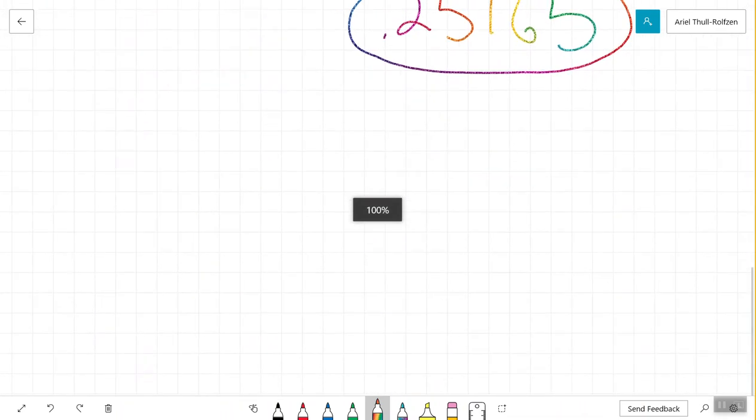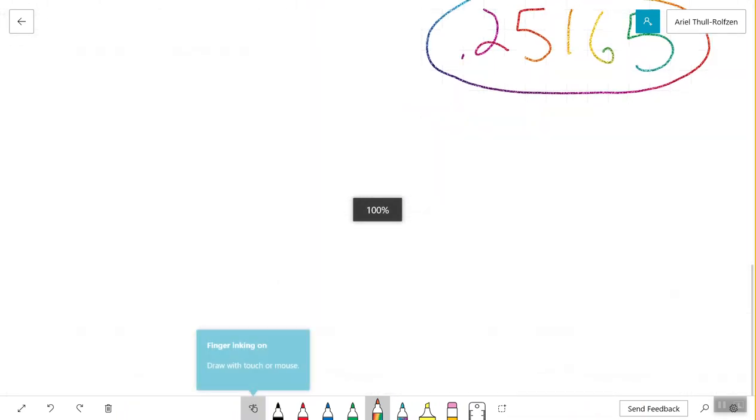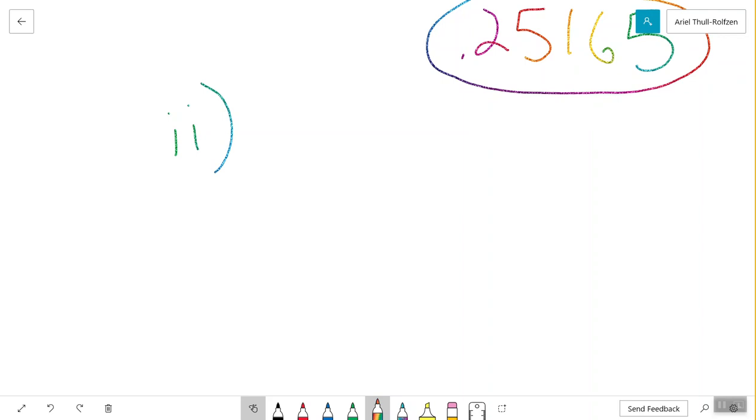So now we're going to move on to II. And what II wants to know is what is the probability that only 60% of the reserved seats are occupied? So only 60% occupied.